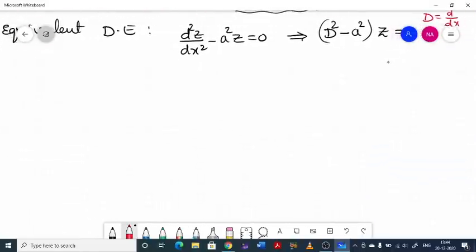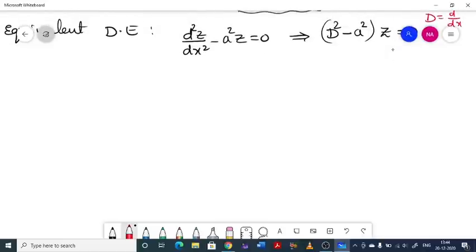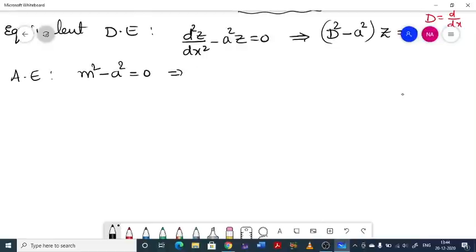Now the auxiliary equation is m square minus a square equal to 0. That implies m equal to plus or minus a.